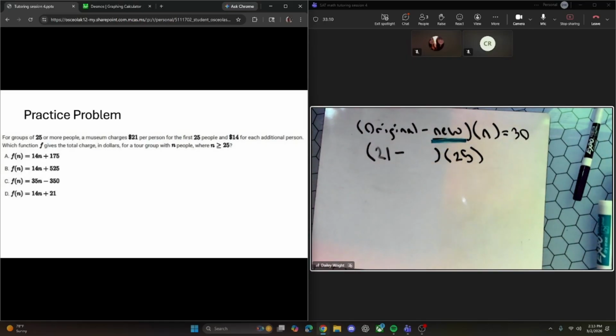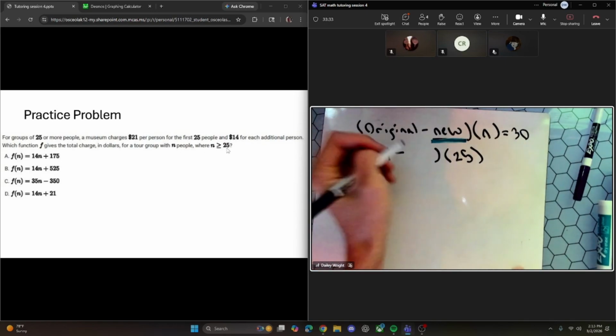Now we need to figure out what the new price is. The museum charges $14 for each additional person. So your new price is going to be that $14, because after 25 people, they're going to start charging 14.